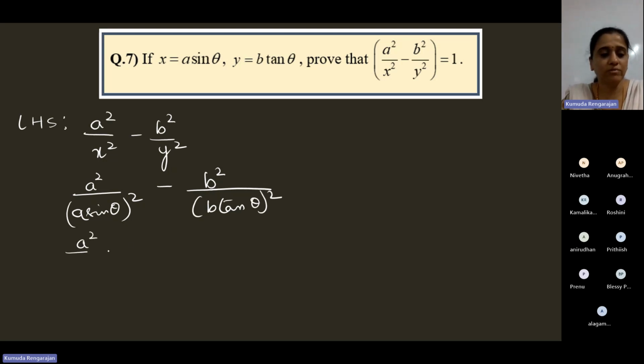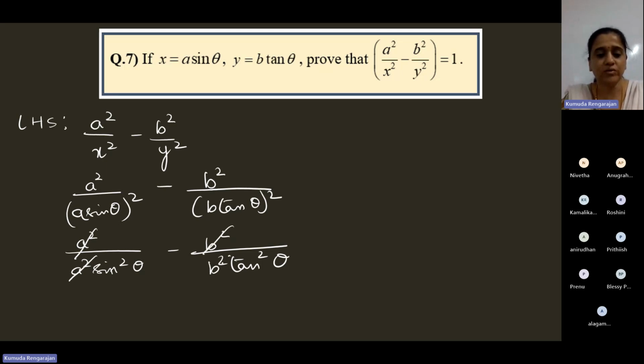So it will be a square by a square sine square theta minus b square by b square tan square theta. So a square, b square cancels. 1 by sine square theta is cosecant square theta minus 1 by tan square theta is cot square theta. And by the identity, the value is 1. And that's the RHS.